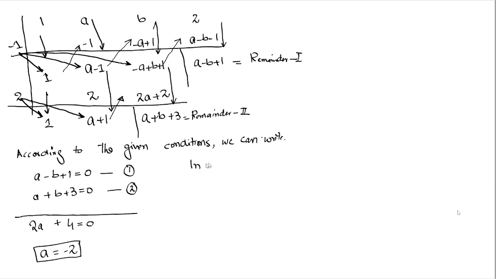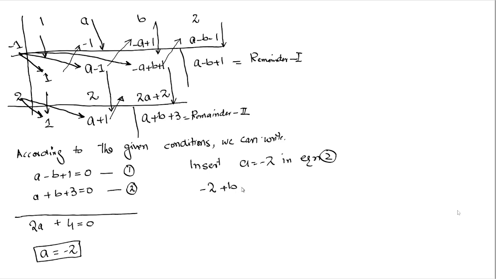Insert a is equal to minus 2 in equation number 2. In the previous method, we inserted the value a is equal to minus 2 in the first equation. Now let's insert it in the second equation. So in second equation for a, we will write minus 2.